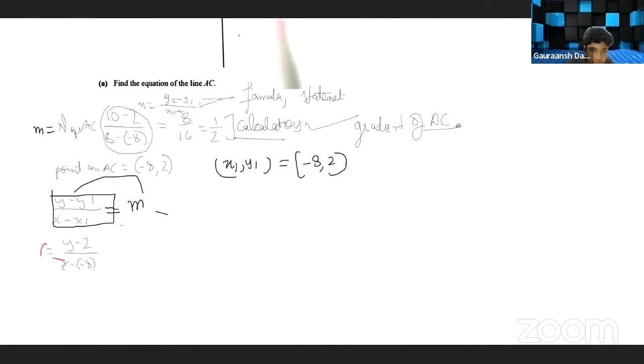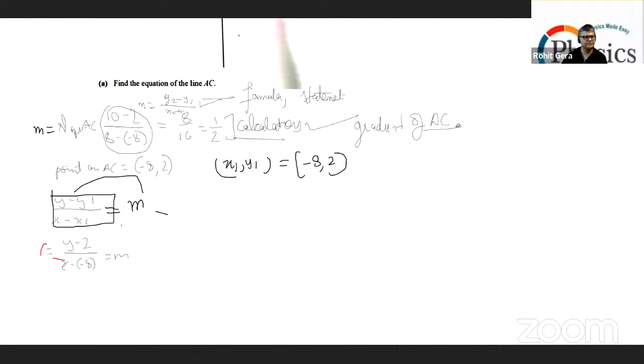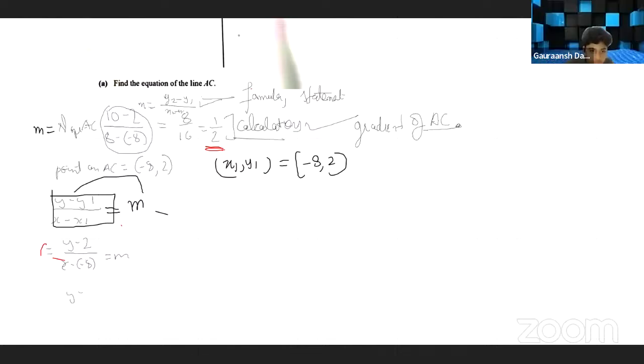The m is the gradient you just found, 1 over 2. So it is y minus 2 over x plus 8.